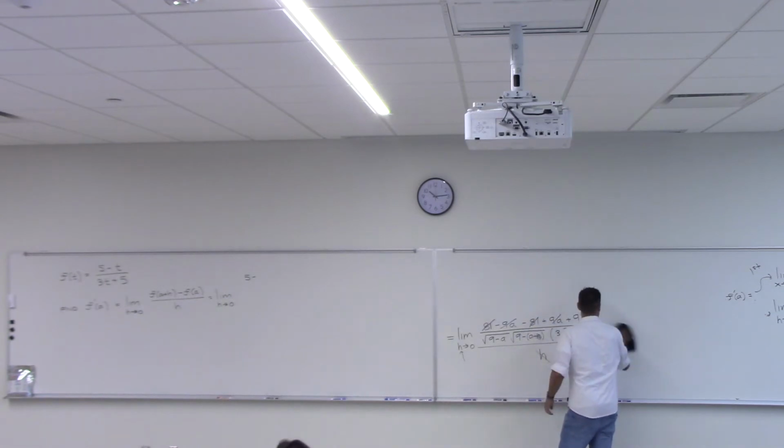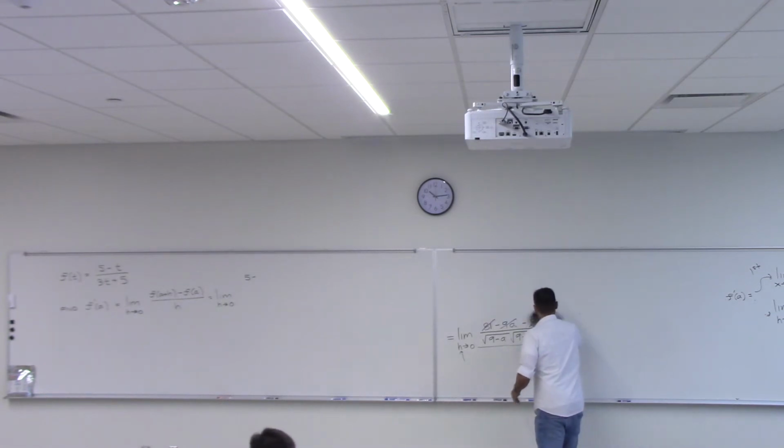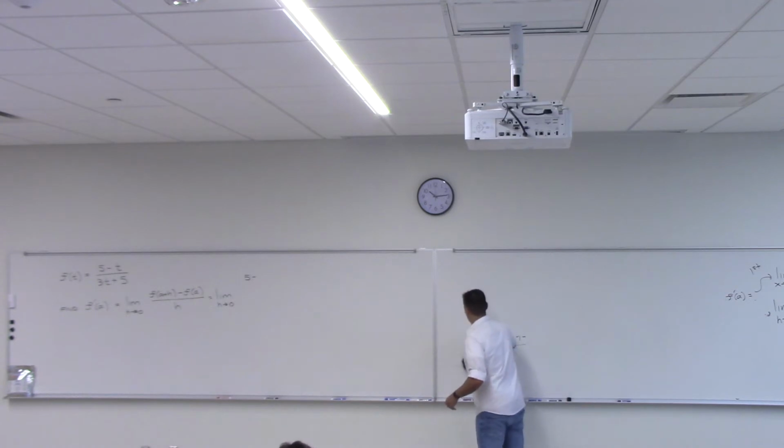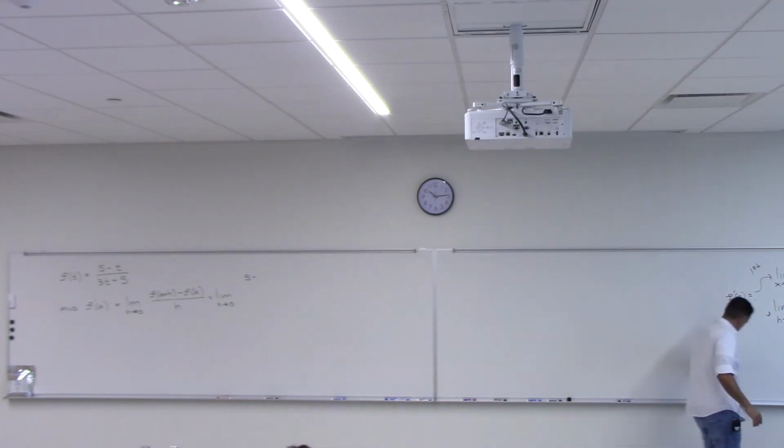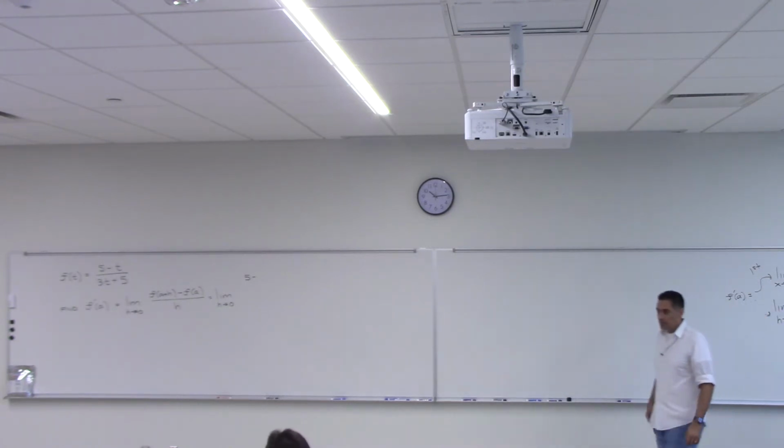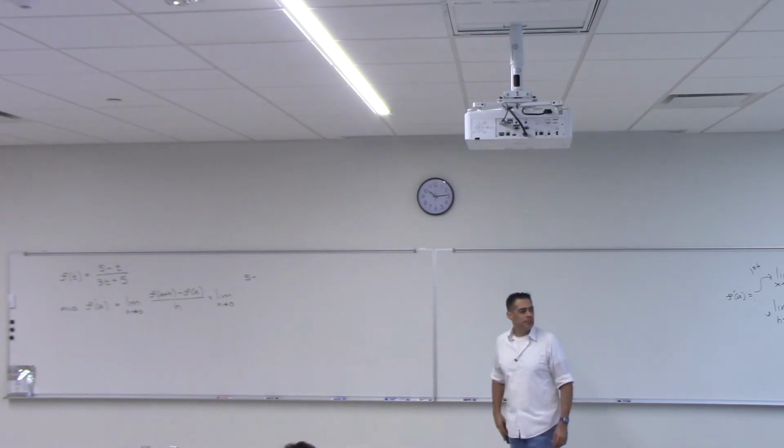The denominator? Yeah. So for the first little term, I have 5 minus 3, 2a plus 2h. So now when we look at it, there's a minus sign, so we got to put it in.